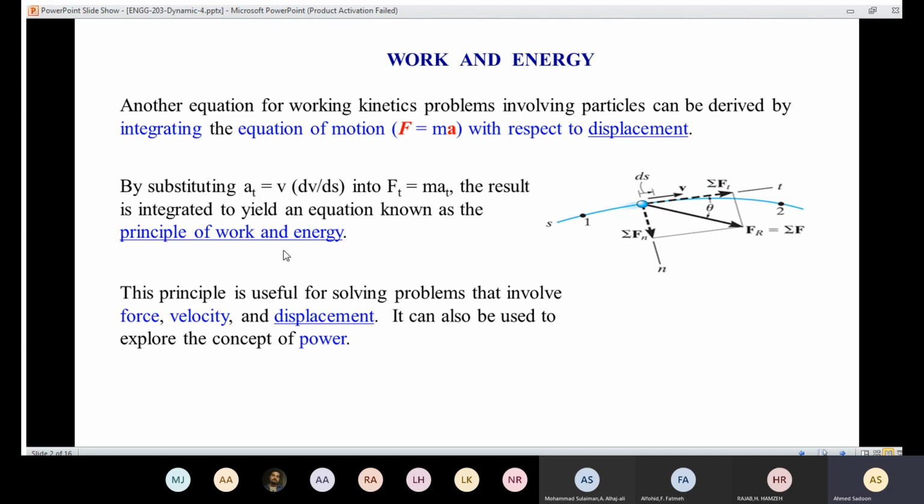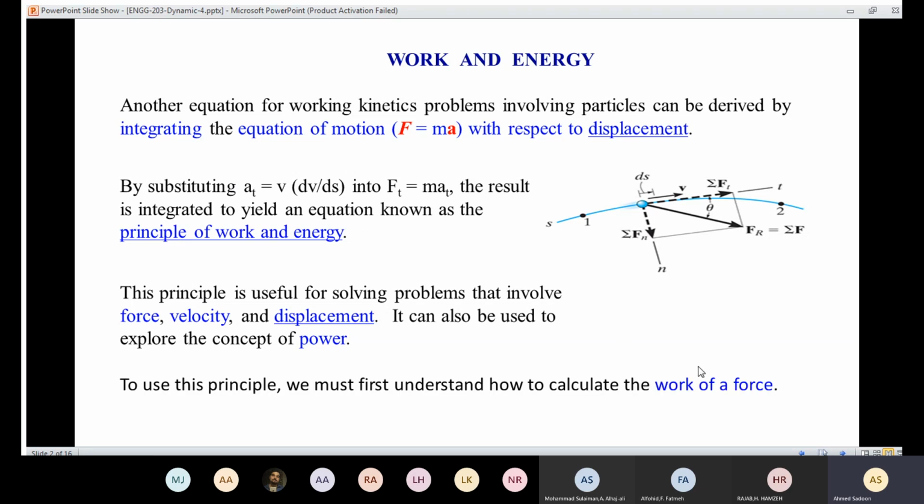But before we integrate this equation after substituting the value of a with this expression, we need to understand the work of a force, because this equation is going to involve determining the work acting on the particle. So before we do the integration, we need to review the work of a force.